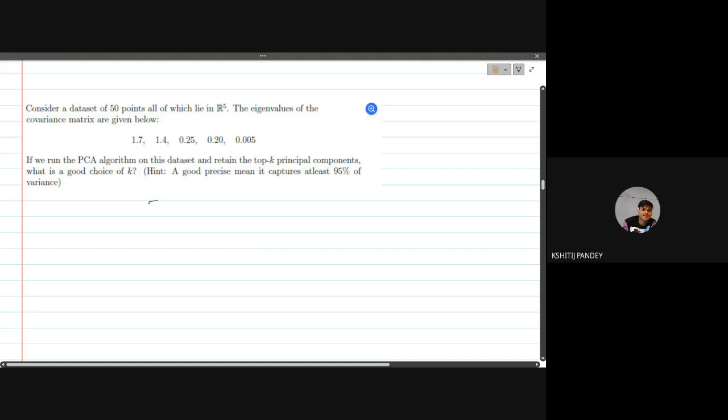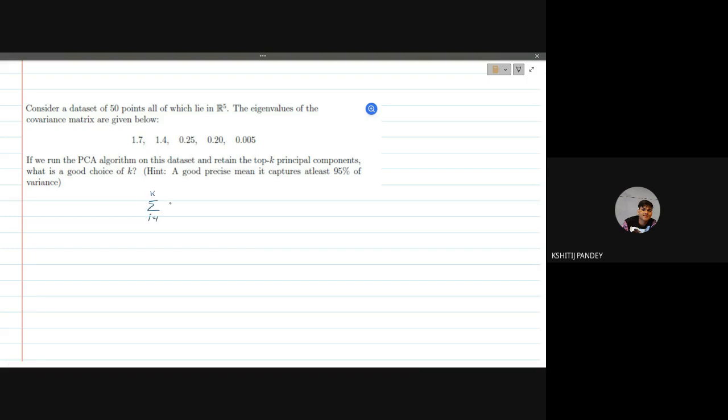So here the summation i from 1 to k of lambdas divided by the sum of all the lambdas. We have 1, 2, 3, 4, 5. This quantity must be greater than or equal to 0.95.